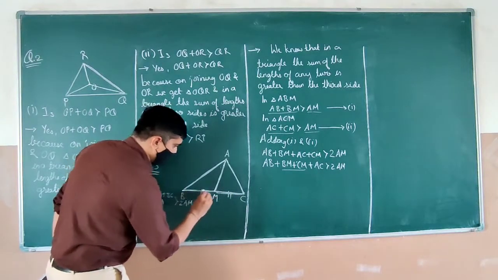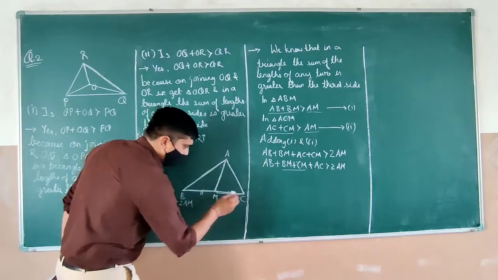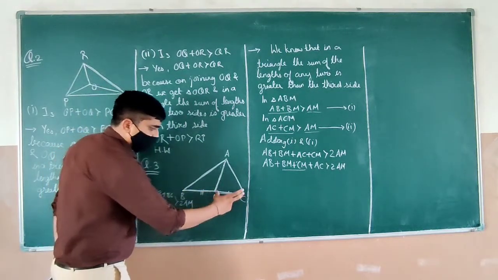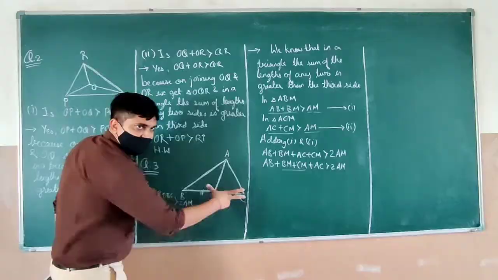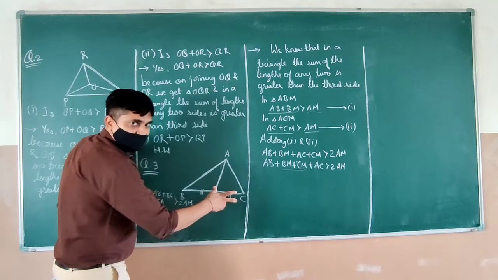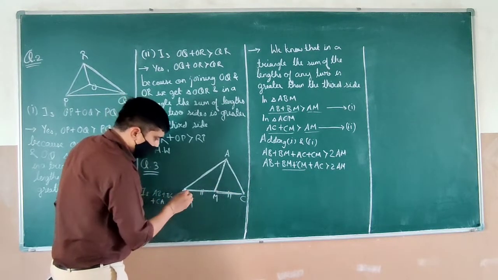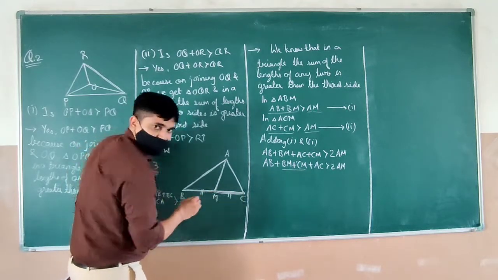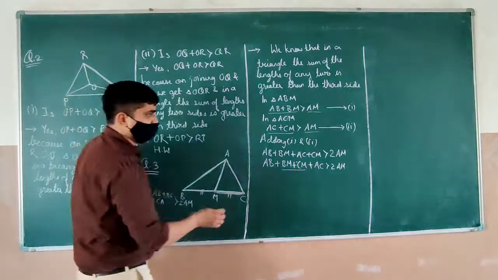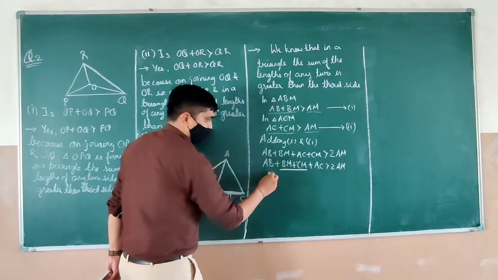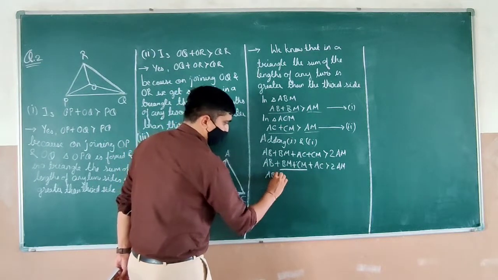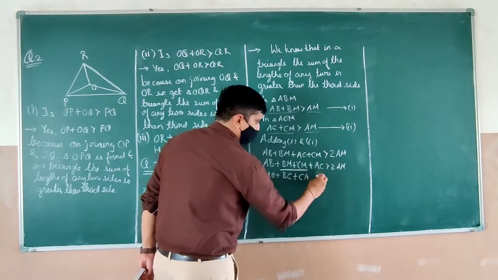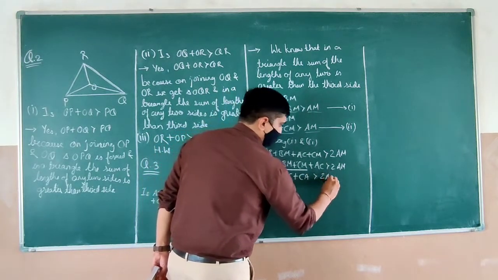Is it giving me BC? If I add this to this, will it give me BC? BC is equal to BM plus MC. So can I write, instead of these two, AB plus BC plus CA greater than 2AM?